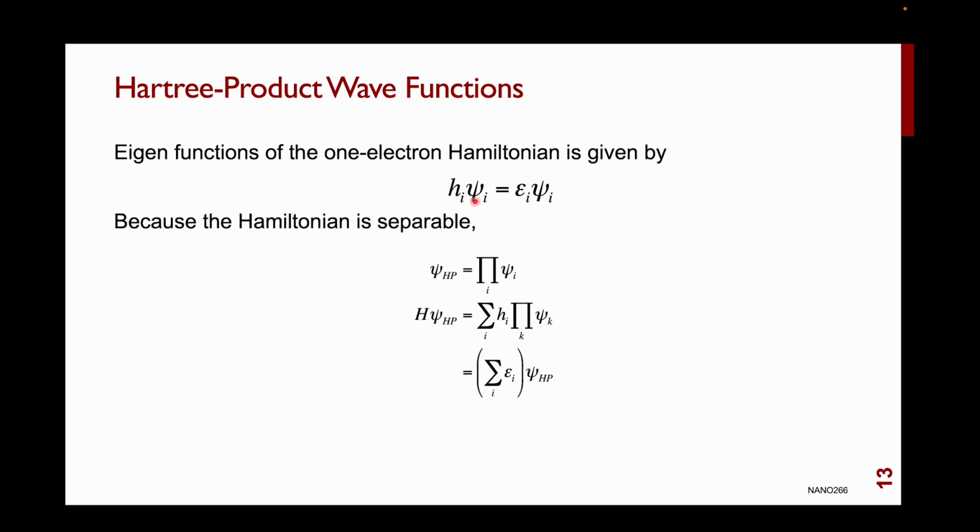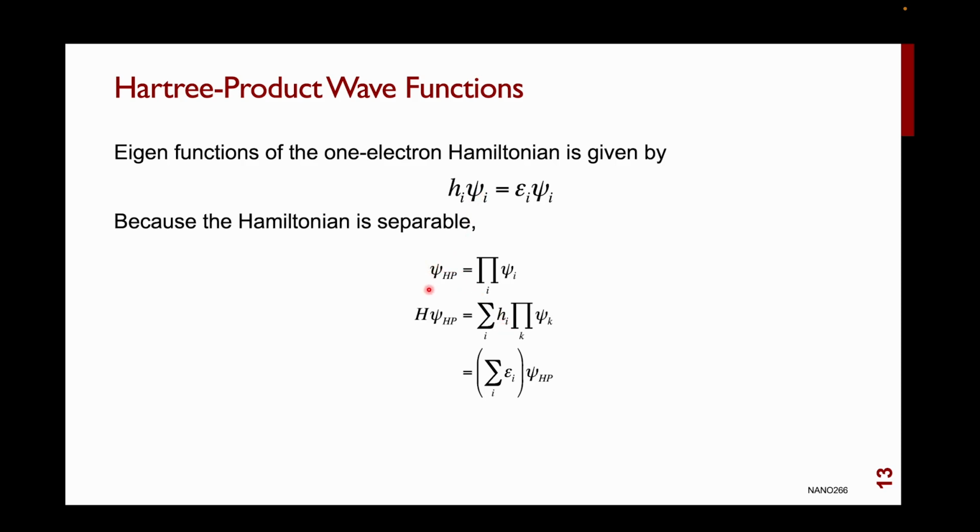In other words, we now simplify our equation into lowercase h of i times phi of i equals epsilon i times phi of i, where phi of i is the eigenfunction of your one-electron Hamiltonian.